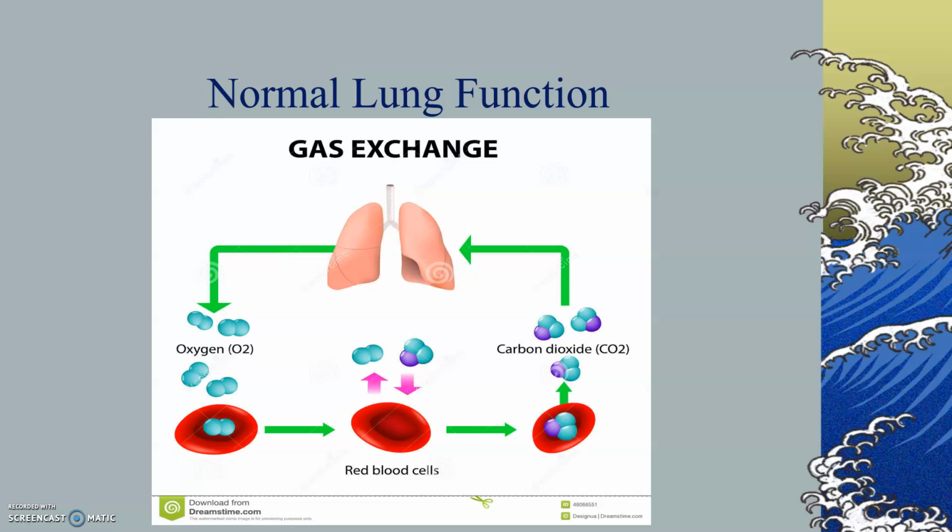So just a very brief reminder of what gas exchange is about. The lungs are important in regulating the concentrations of two gases in the blood, oxygen and carbon dioxide. These two gases actually behave quite differently in the blood and in the lungs. Let's start with CO2.